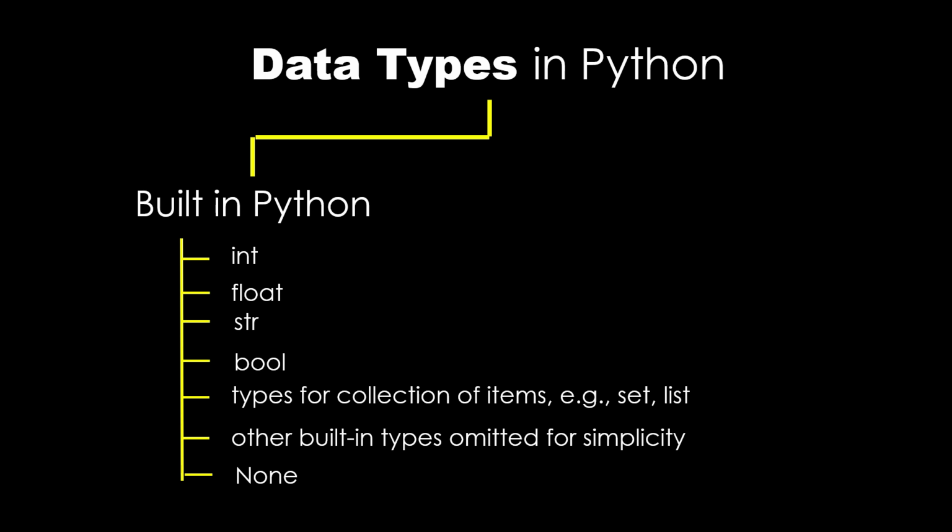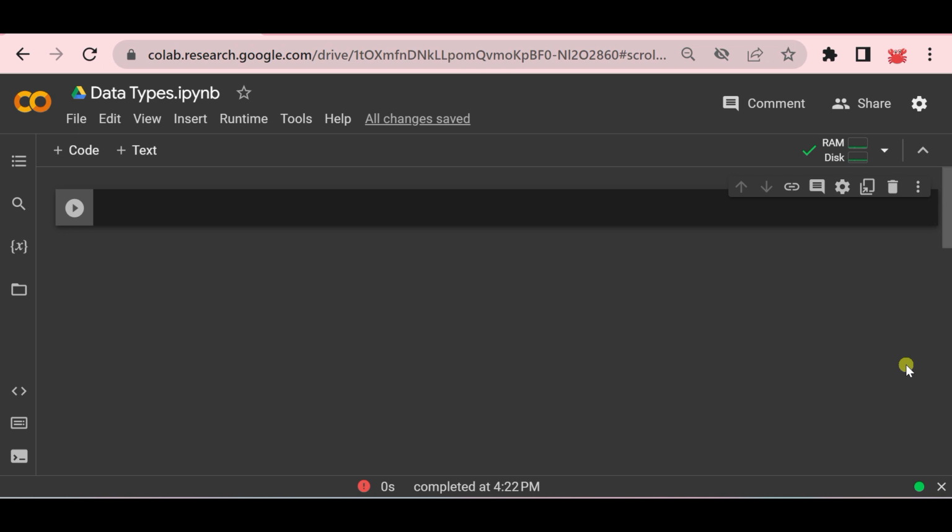We will close today's episode with some hands-on coding. We will use a Python command called type to print the data types we have just learned. For this, we define 4 variables, val1 to val4, and assign different values to them. Then, we print the type of each variable.